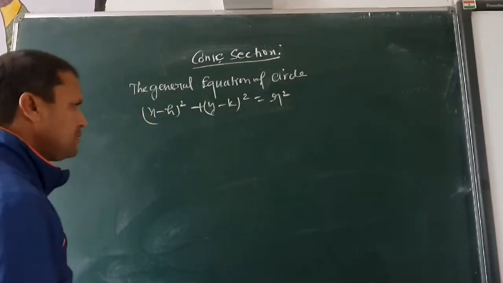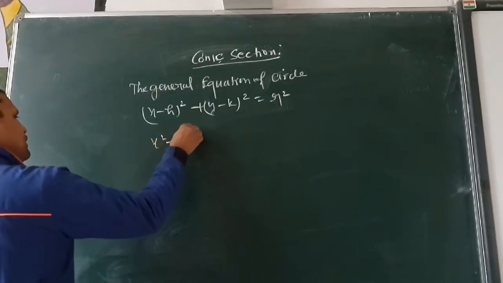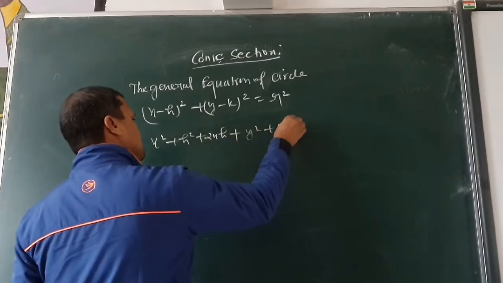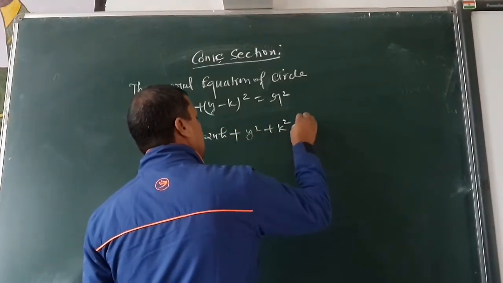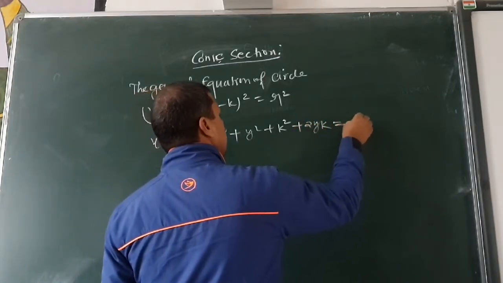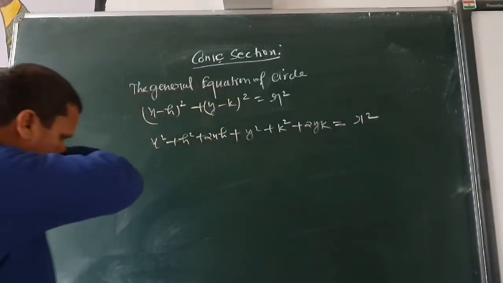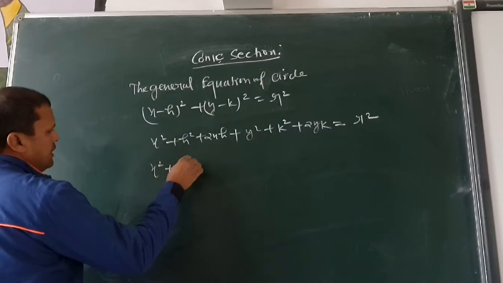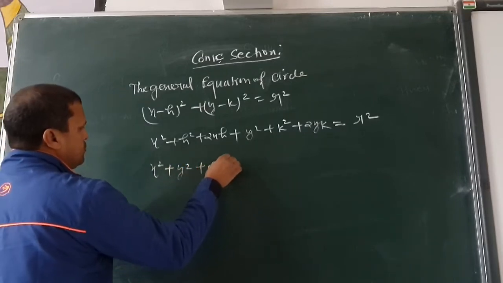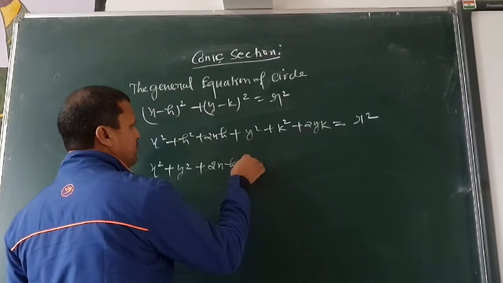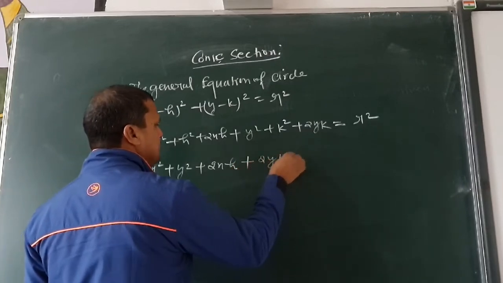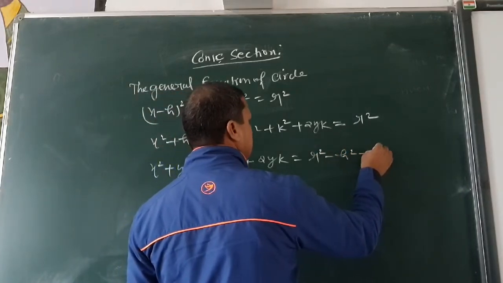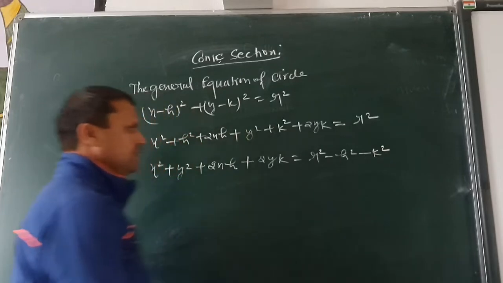Now expand it. x square plus h square minus 2xh plus y square plus k square minus 2yk equal to R square. So this can be written as x square plus y square minus 2xh minus 2yk equal to R square minus h square minus k square.